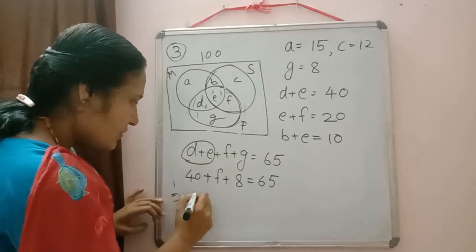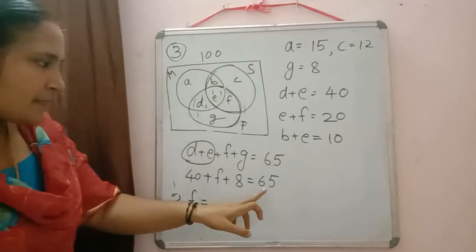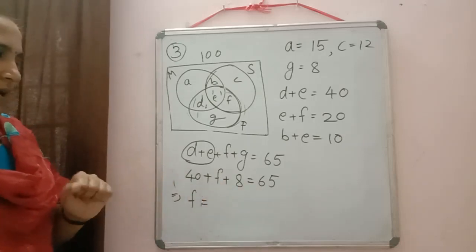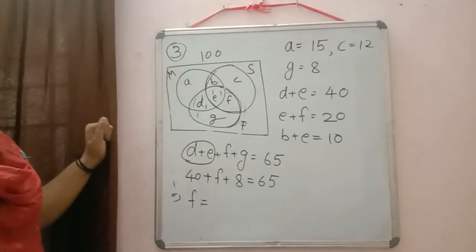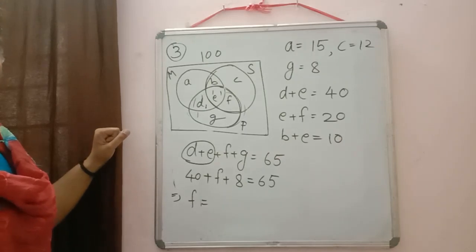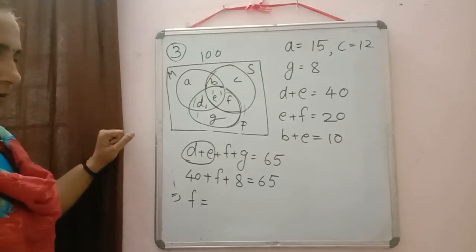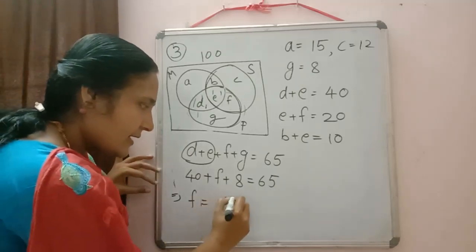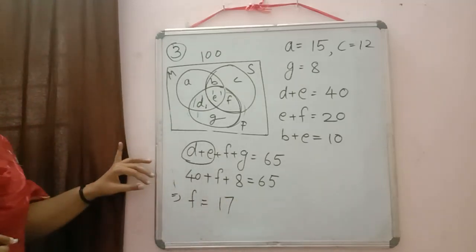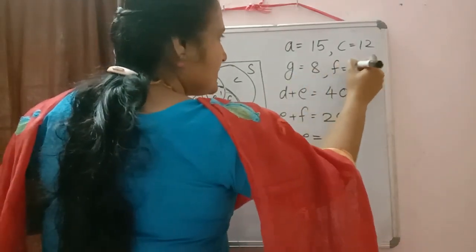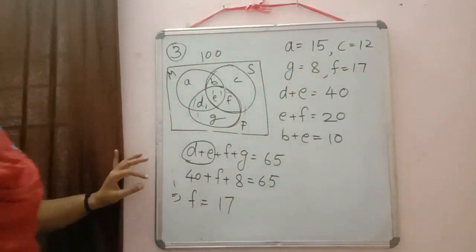So F is equal to 65 minus 48. How much will come? Yes, 17. Correct? F is equal to 17.